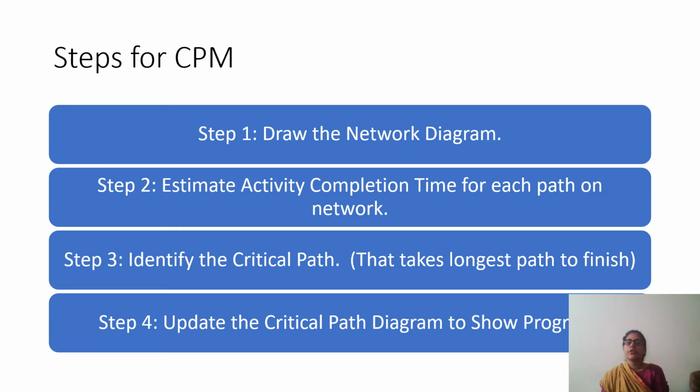Then you are going to identify the critical path, or the path with maximum time, or the longest path to finish. The path which has the maximum number when you total the time required. Right. And the critical path diagram is updated from time to time when you are working on a real site.